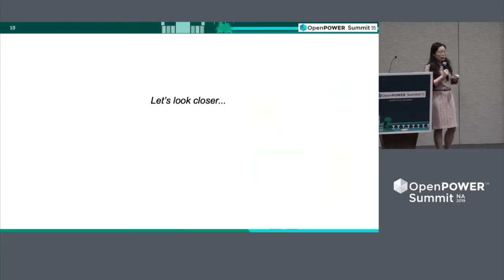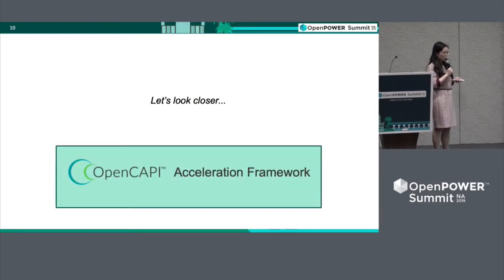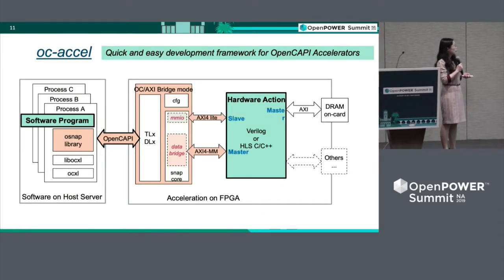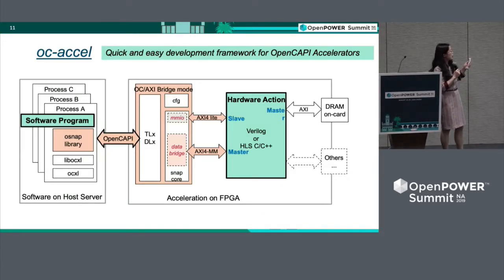All right, so let's look closer into the OpenCAPI Acceleration Framework. Its abbreviation is OC-Accel. From the left side, it is the software running on the host server. People can write software programs as they want, and actually a lot of people have done a lot of work exploring the upper levels.